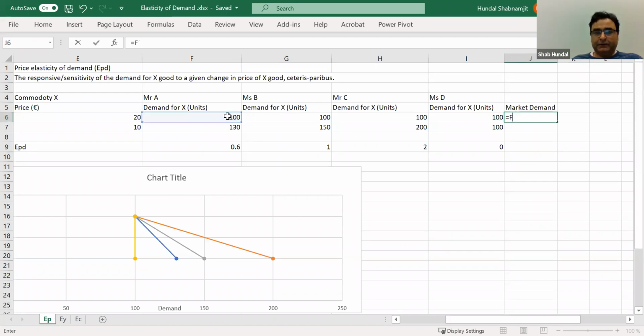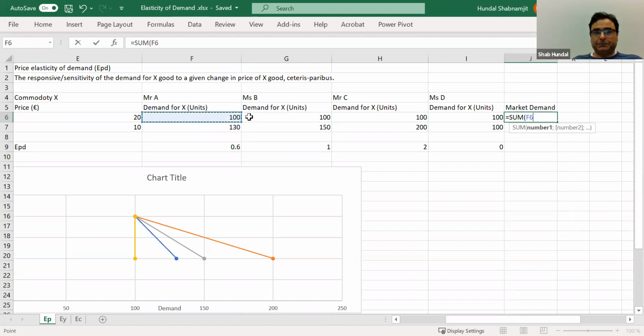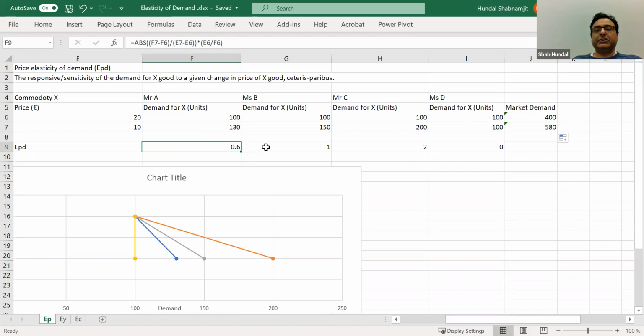So if I have the sum of the demand by all the consumers, and if I have to find the overall market demand, because I should be interested in the individuals, but I should also be interested in the overall market reaction.